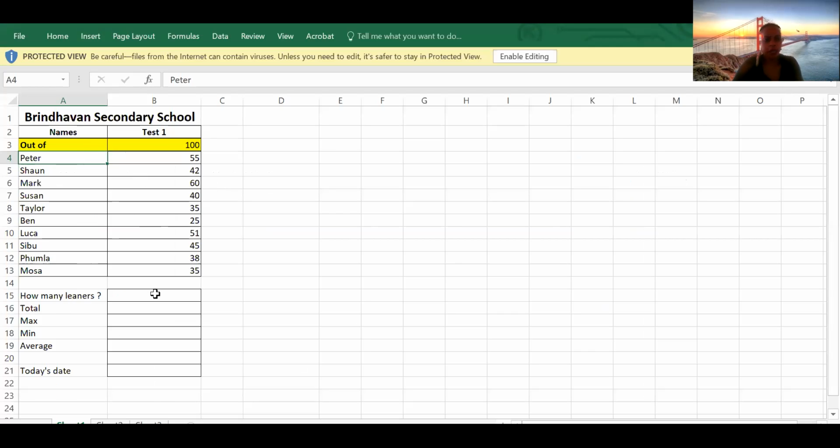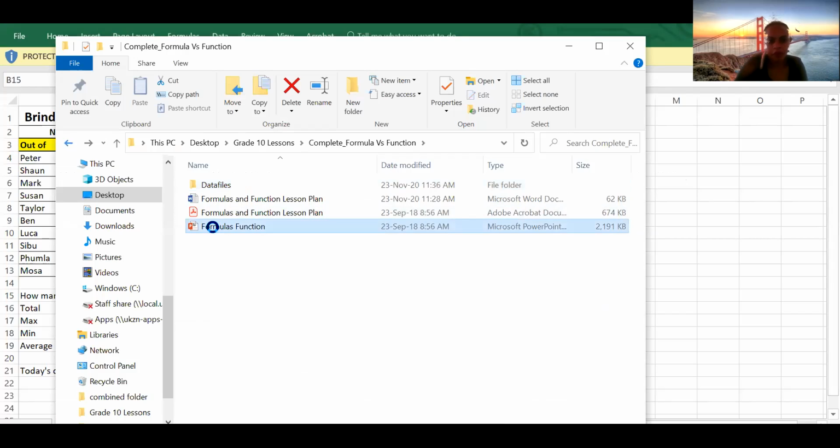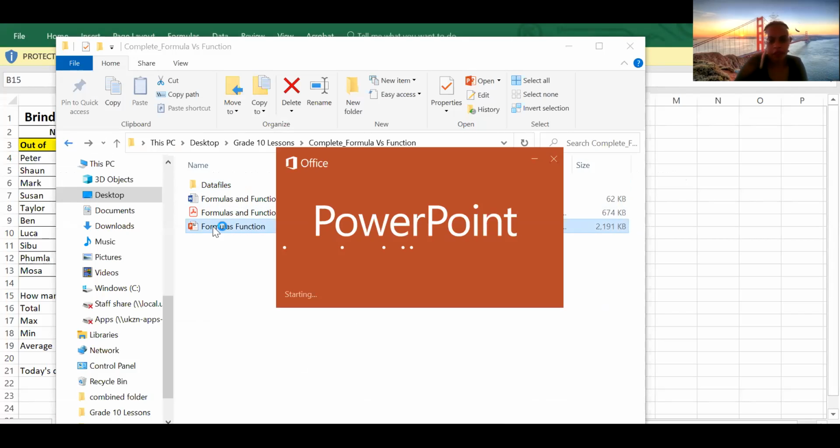They are told to calculate how many learners there are, the total, the maximum, average, and what is today's date, and such small things. And here is the PowerPoint the teacher prepared.